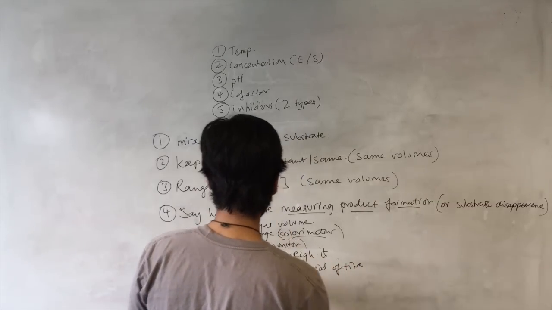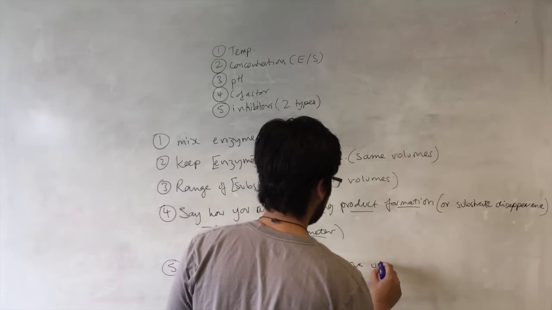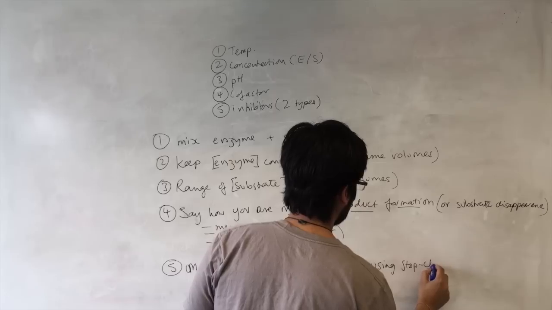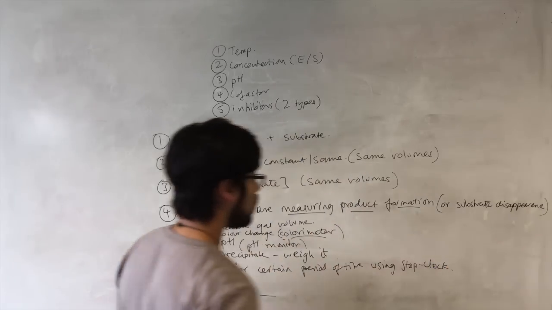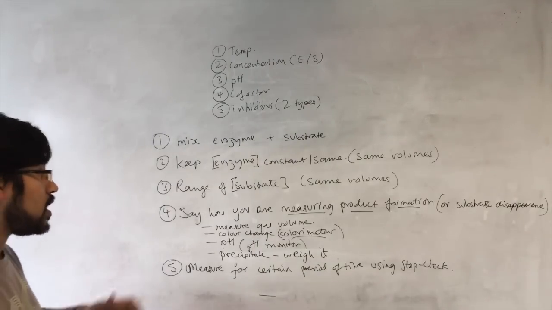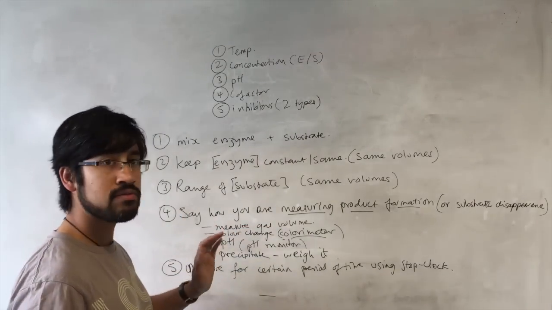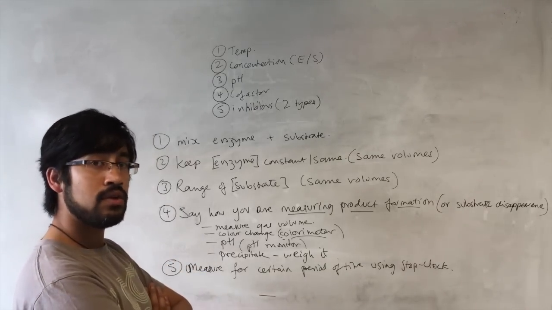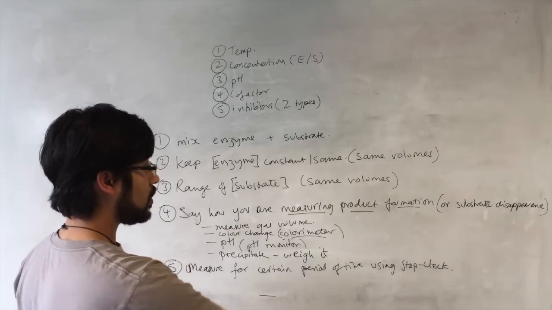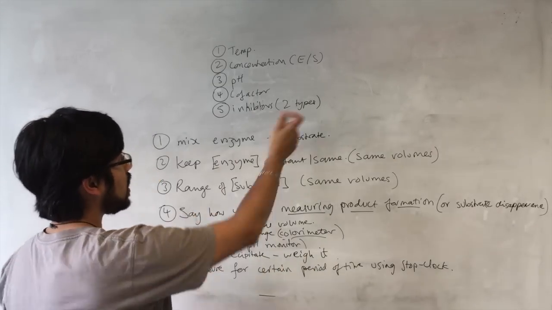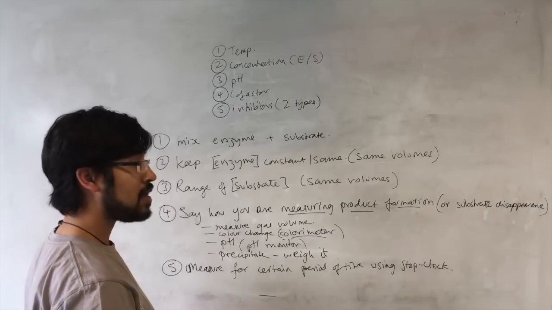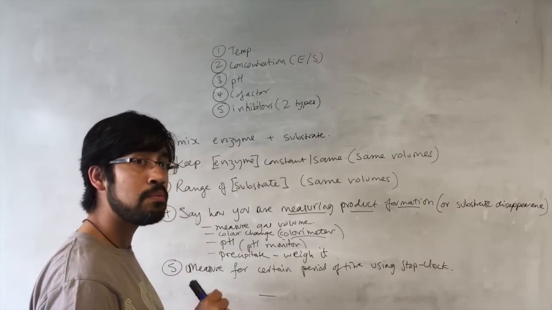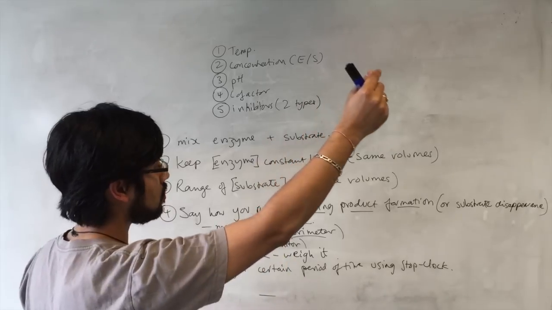Okay, so measure for a certain period of time using a stop clock. If we are measuring gas volume, we don't just sit there and watch the gas collecting. Nope, we start our stop clock. We add the enzyme to the substrate, and then we look and see how much gas is collected in 1 minute. That's going to give us our graph.